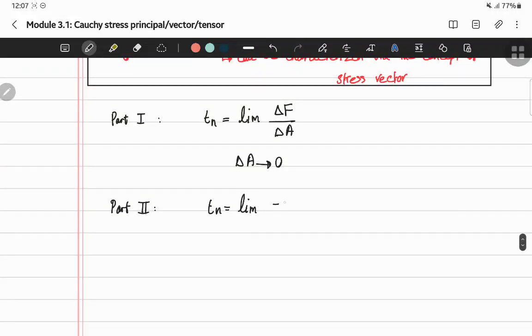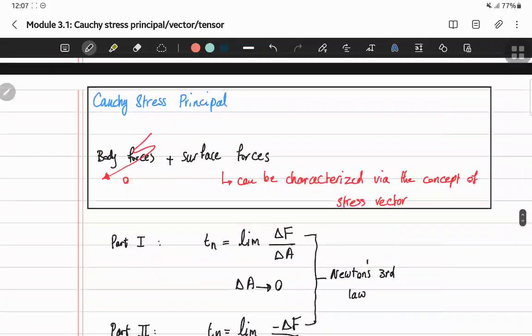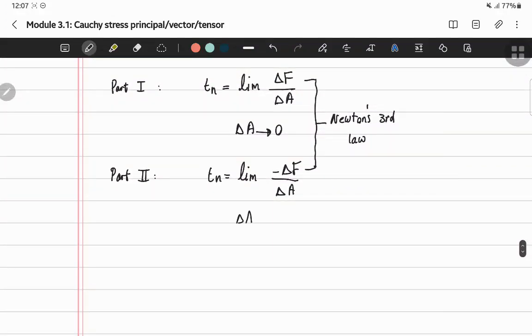So it is the limit of minus del F, due to Newton's third law, the action and reaction. If you have this positive, this one is negative, divided by the same del A, on the upper side, when del A goes to 0, so it becomes a point.